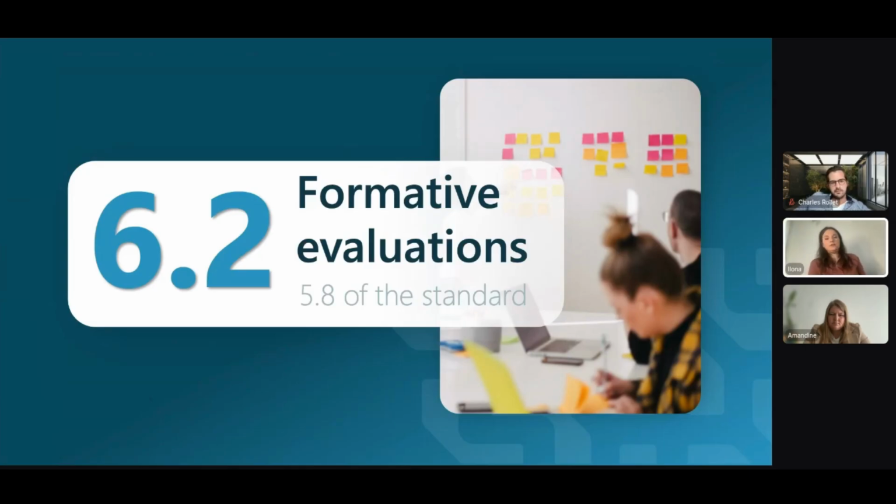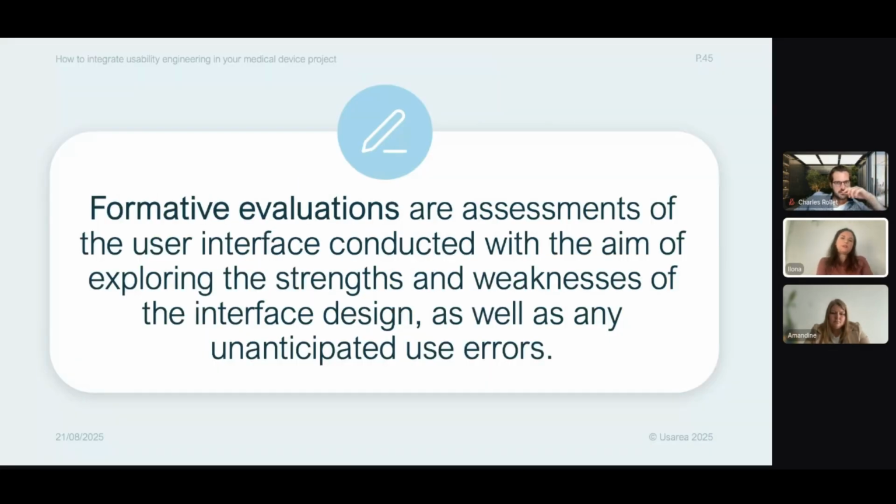And you can also do the formative evaluation during this process. It's assessments of the user interface conducted with the objective of exploring the strengths and the weaknesses of the user interface design, as well as any anticipated user.